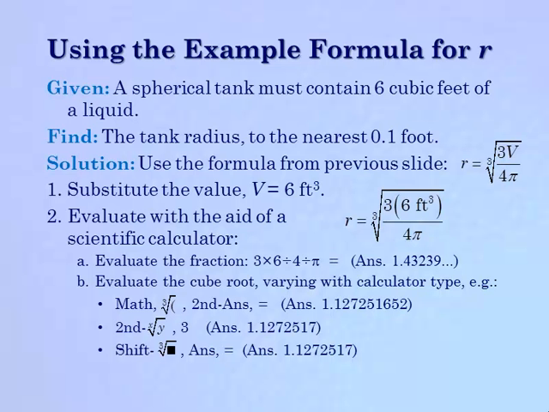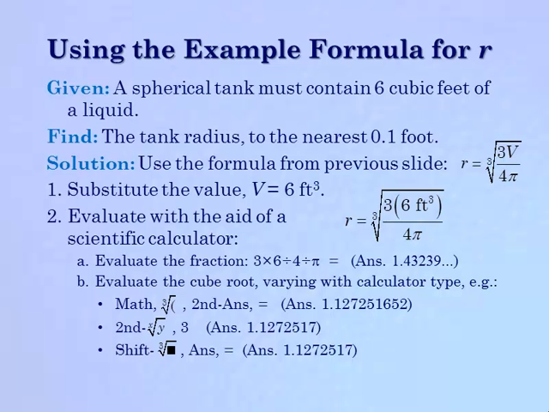Or if you have an earlier TI calculator or some other type of calculator, you might have to find just the root function, the x root of y. So there's probably a second function, and then you tell it that you want the third root by pressing 3, and it'll take the answer from the fraction calculation and take the cube root of it, and then you get again 1.1272517.